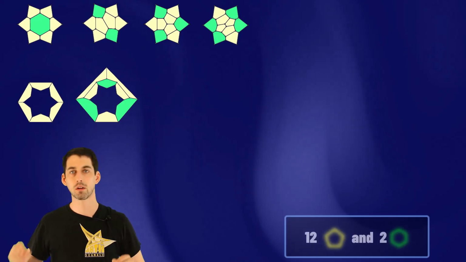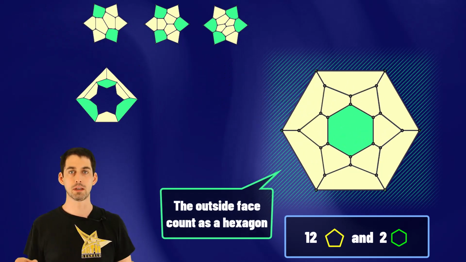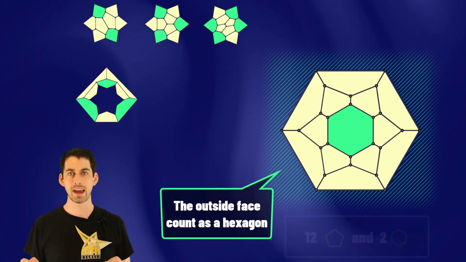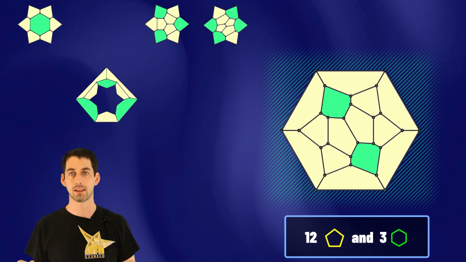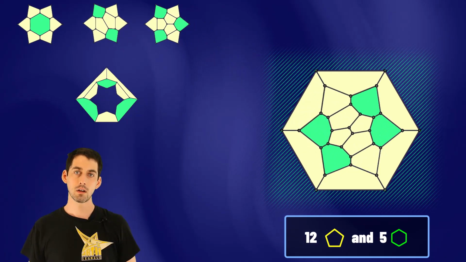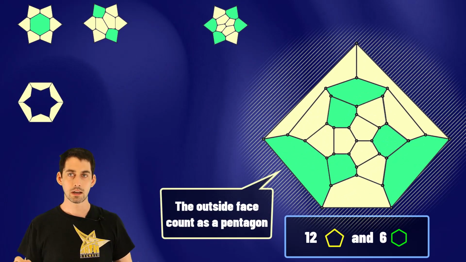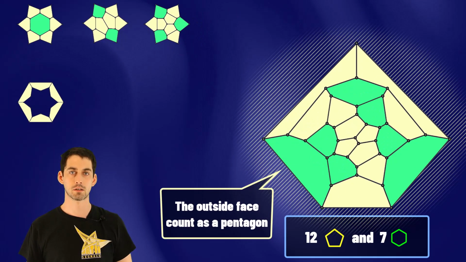Okay, so if I want 2 hexagons, I use this frame and this piece. If I want 3 hexagons, I use the same frame and this other. And so for 4 hexagons and 5. And if I want 6, I use this plus this. And if I want 7, I'll do like this.